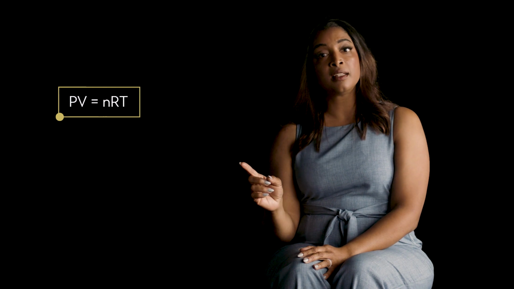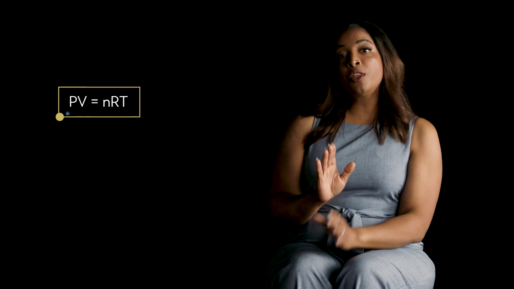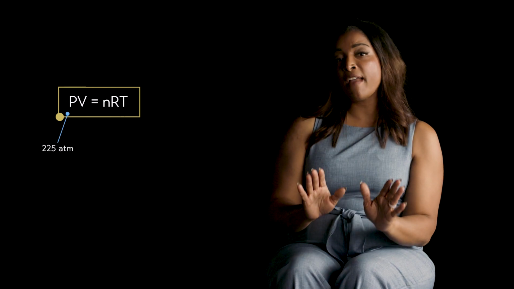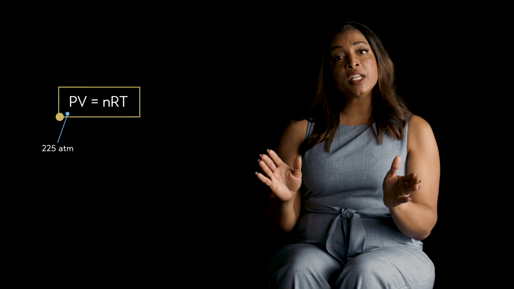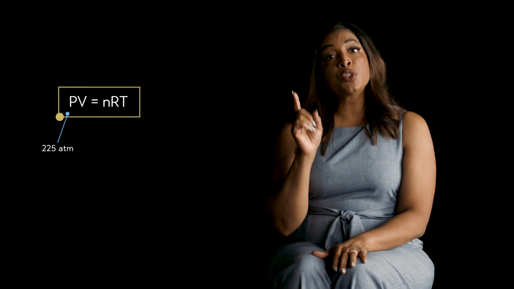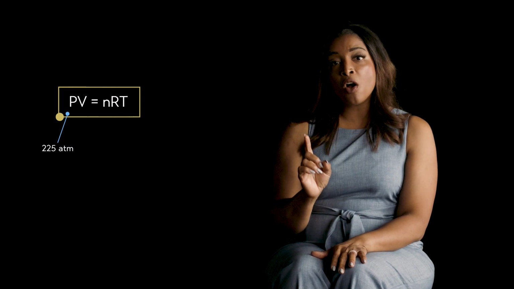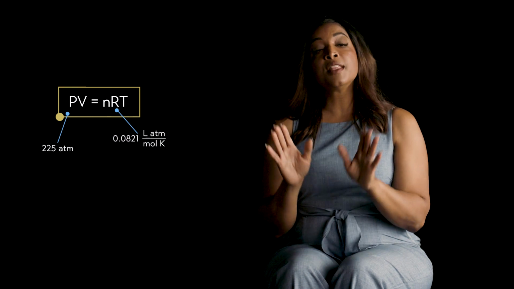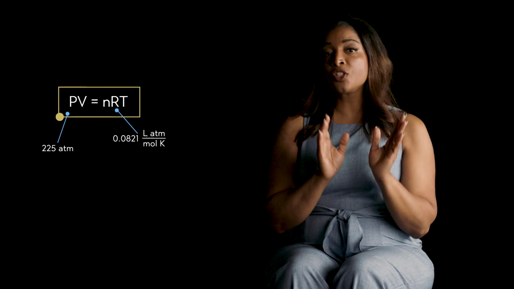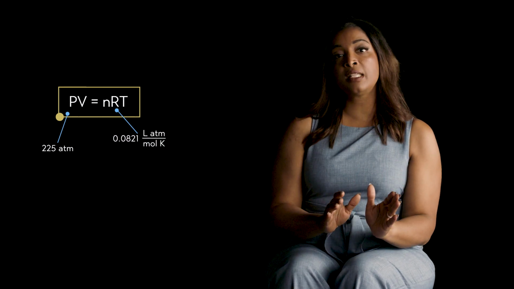Now, step 3 of the path converts your newly calculated moles of hydrogen to a volume of hydrogen gas. And to do this, we use the ideal gas law, which is PV equals nRT. We were told the pressure is 225 atmosphere. As this pressure is in atmosphere, remember to use the correct value of R in the equation. The temperature was given as 35.5 degrees Celsius.